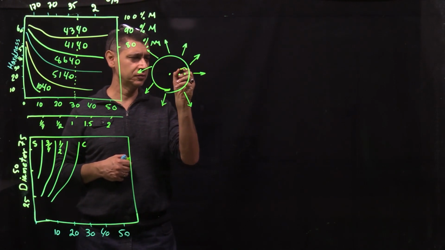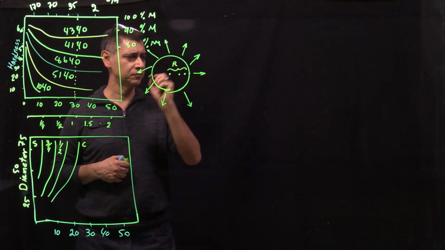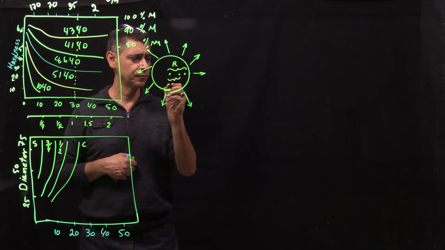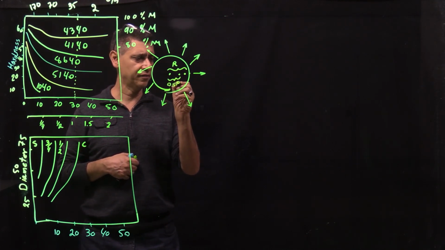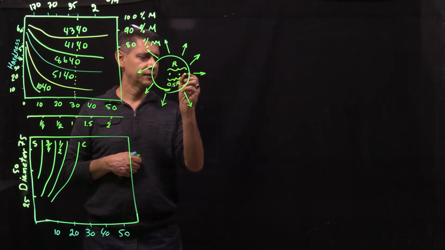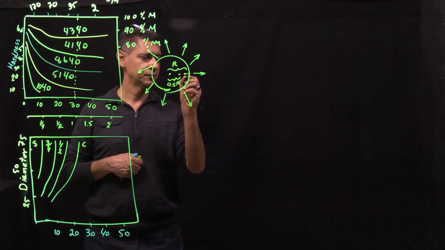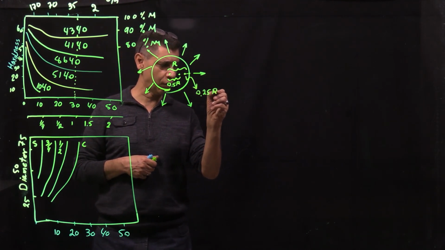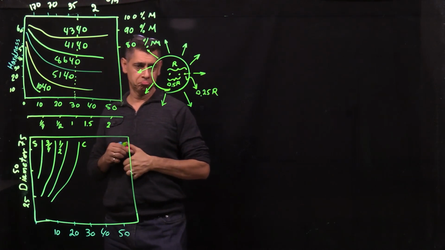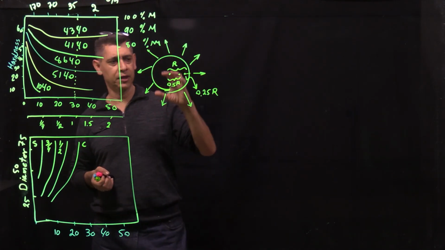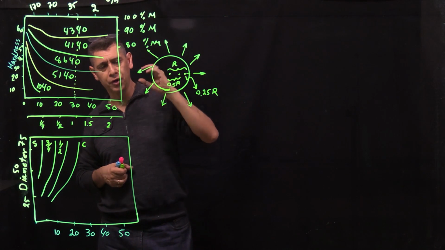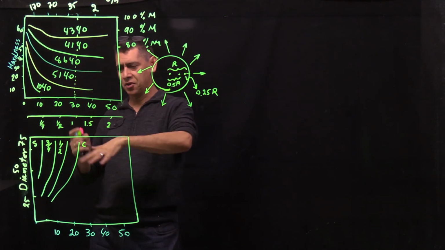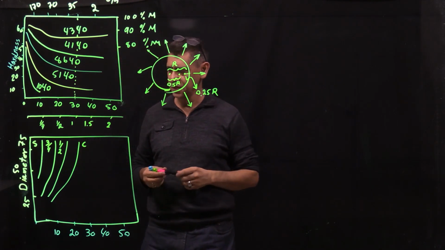So here is the radius, or the center, 0.5, and then here is 0.25 R. So this is a solid round bar. A tube is completely different, maybe with different numbers, but it follows the same principle.